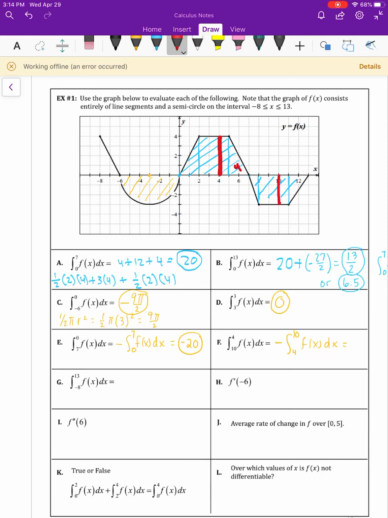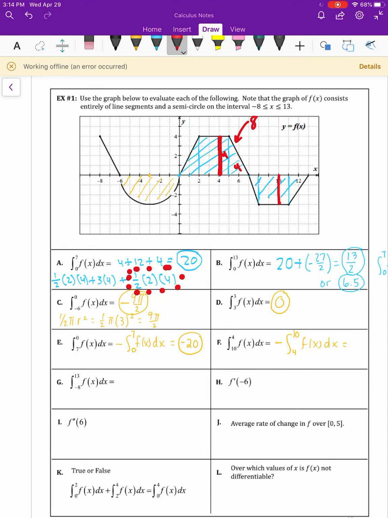So we knew right here that this was 4, right? That triangle. This is 1 times 4. So this is going to also be 4. So that total is going to be 8, right? We said if you look right here, this is a really fat color, isn't it?